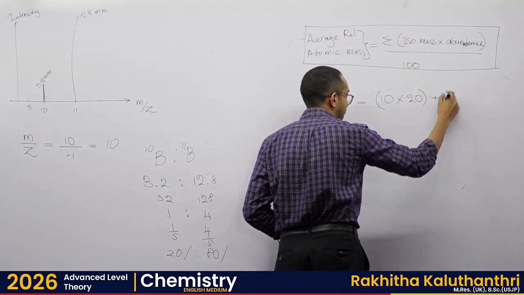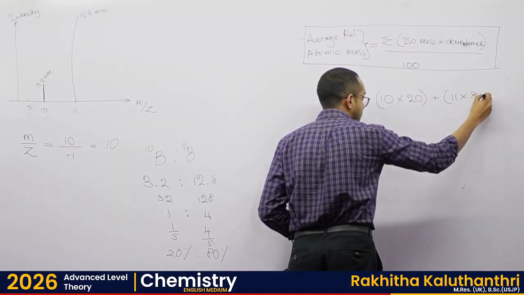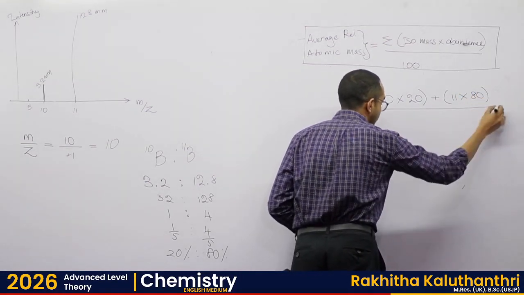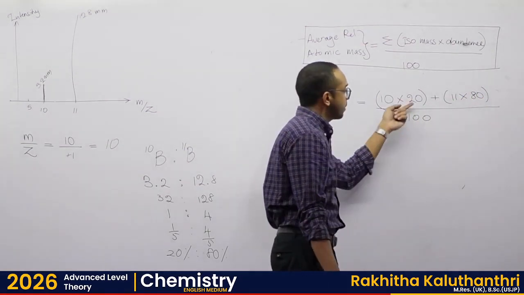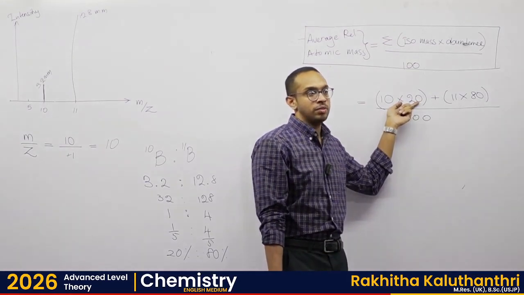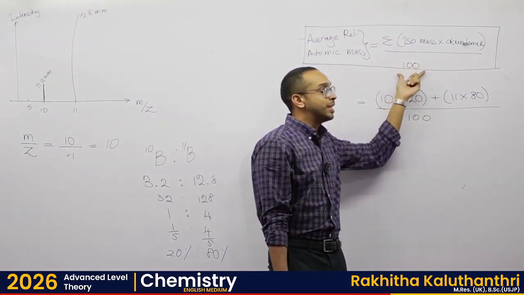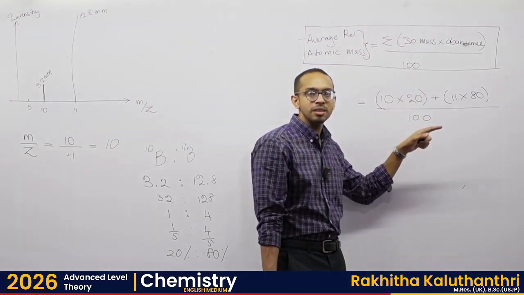And the next isotope has a mass of 11 multiplied by its abundance, which is 80%, and then divided by 100. Right? So when you're writing over here, just write the number. Don't worry about the percentage value and the division by 100, because it is built into the equation. Just write the percentage as a number, that's it.